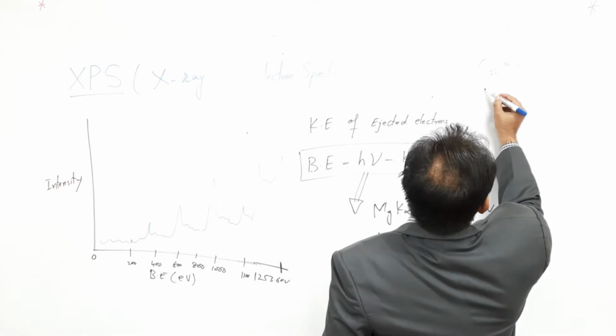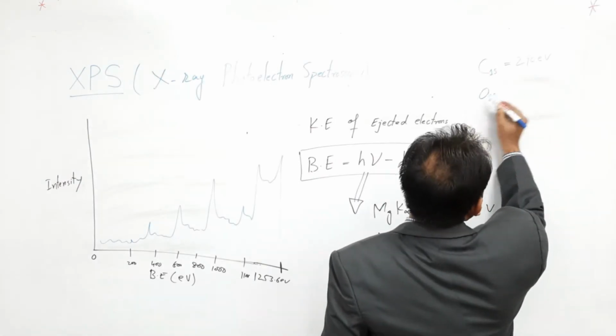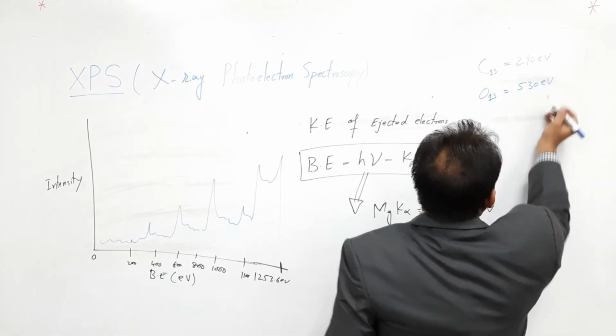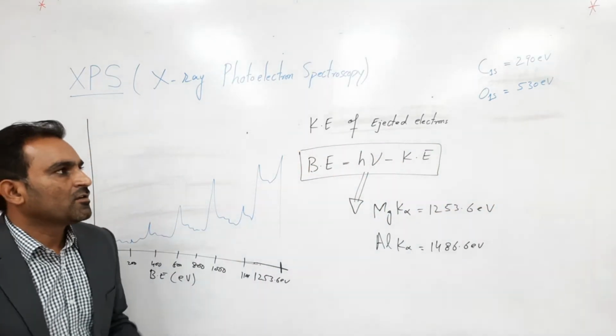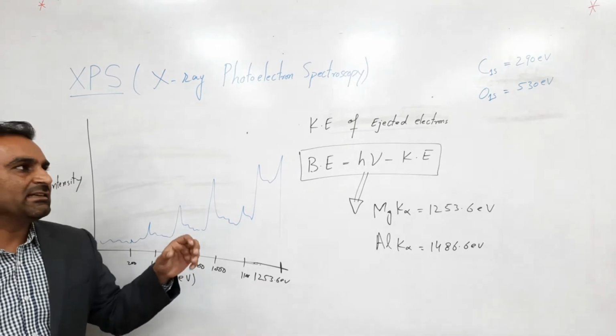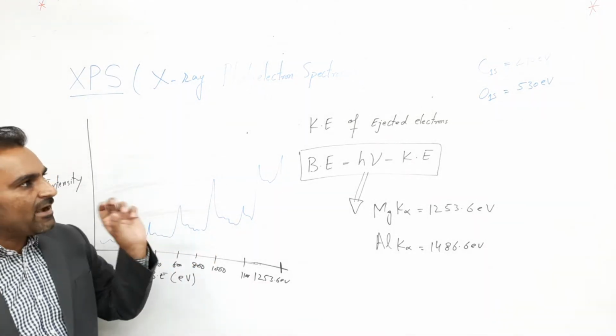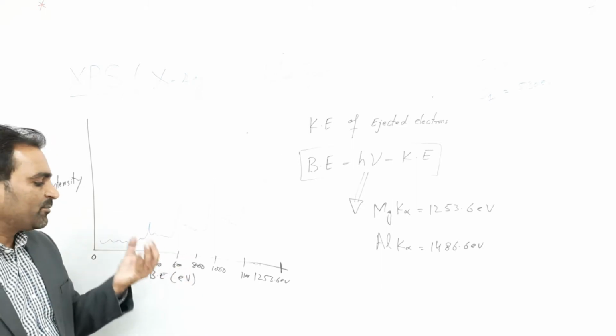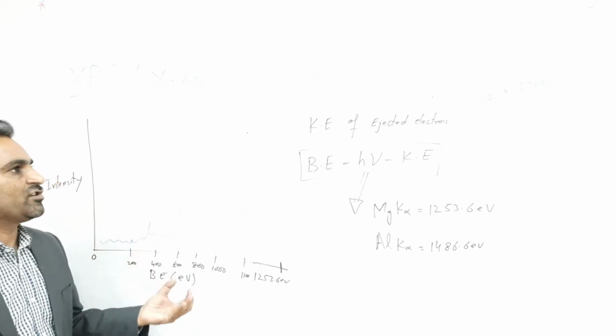And for oxygen, we have around 530 electron volt. So these values indicate that every specific element has its particular peak position.